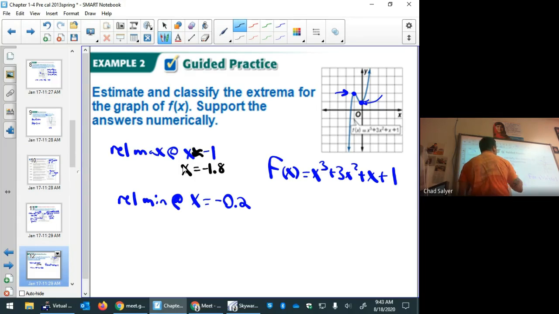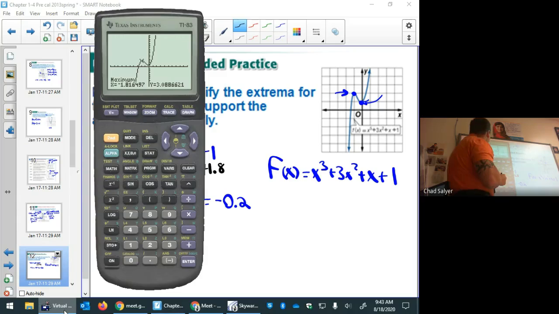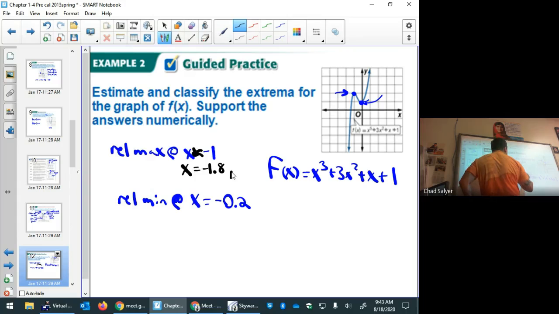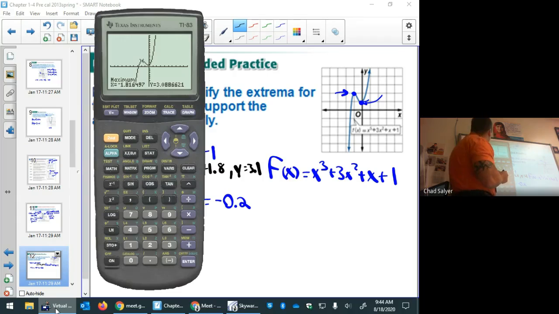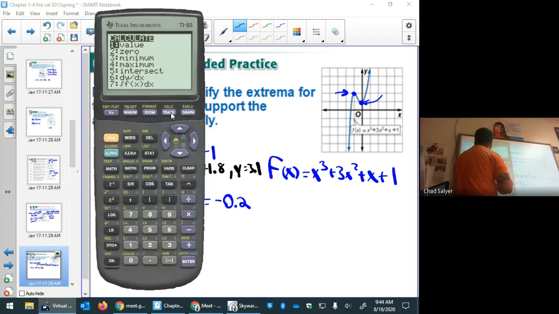This was a guess, and this is to the nearest tenth, not the exact value. And then the y value is about 3.1. And then for the relative minimum value, second trace, option 3, start at -1 and go to +1.